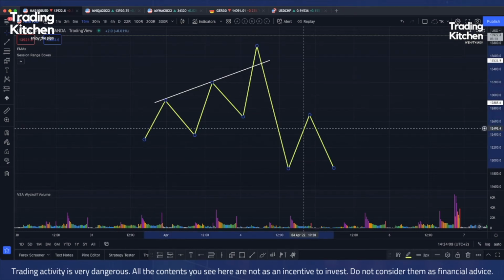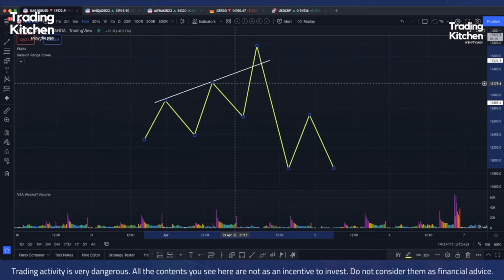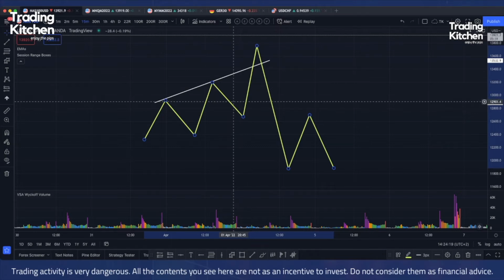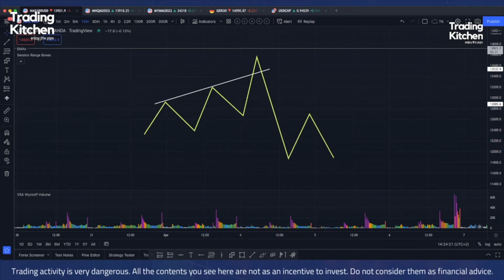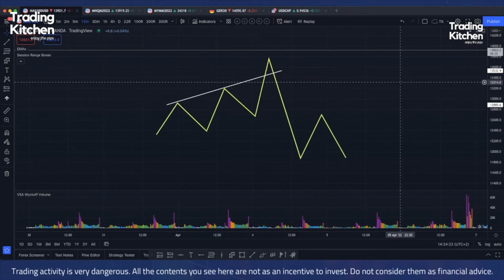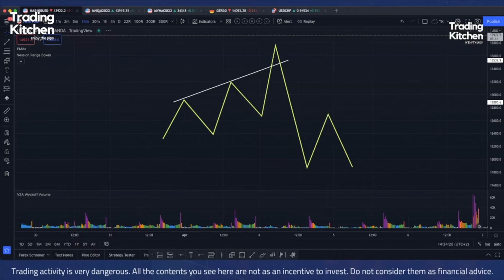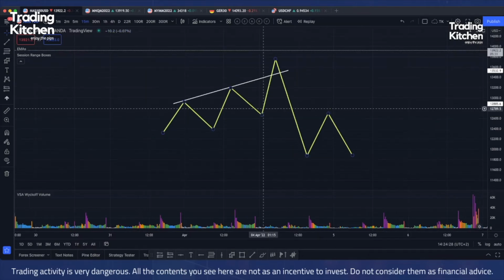What we should do is try to understand the logic that is behind any kind of movement. And I like this kind of pattern very much because it's a clear example of manipulation, as I told you before. Why?